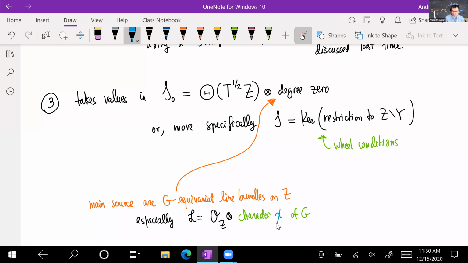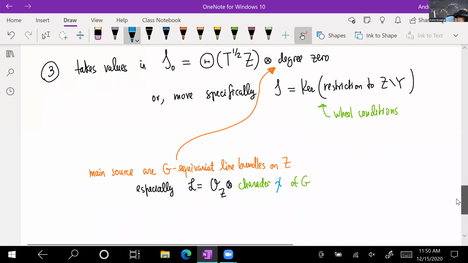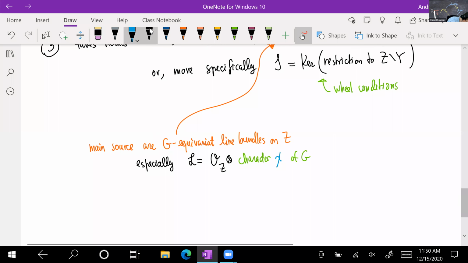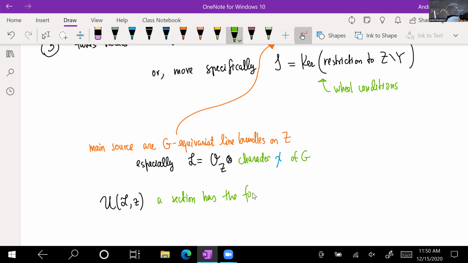And then if you think of those as elliptic functions in the usual way, so if I take this line bundle, maybe call it L on Z, a section of it is of the form theta of chi.